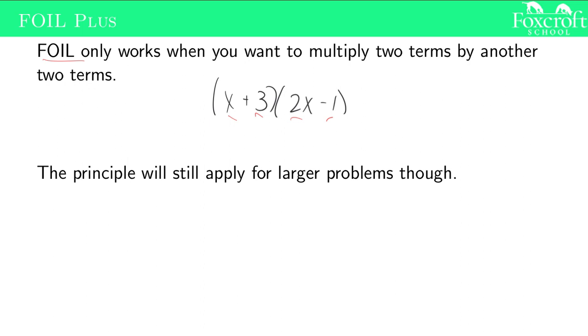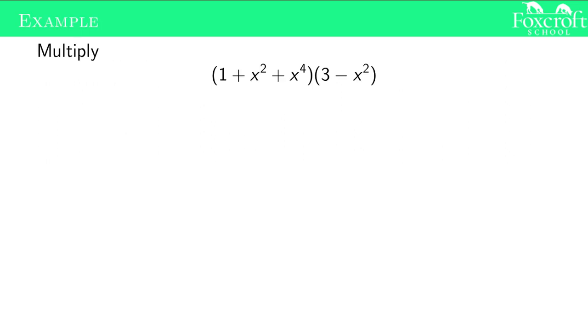So if we look at this first example, we can't use FOIL here because there's too many terms. There's three terms in this first one. There's just two terms in the second one, but we have too many. But the principle of FOIL, let's look at what's happening with FOIL, let's just make up a random problem.